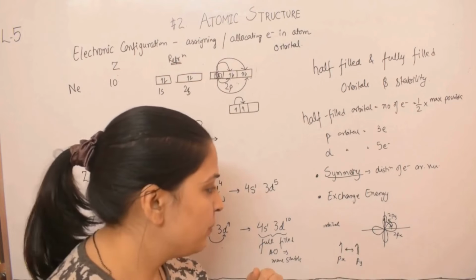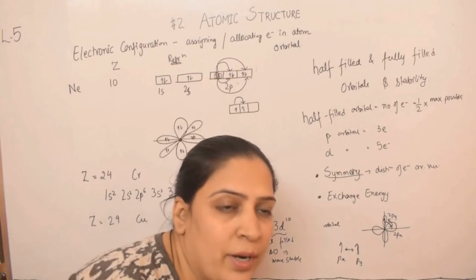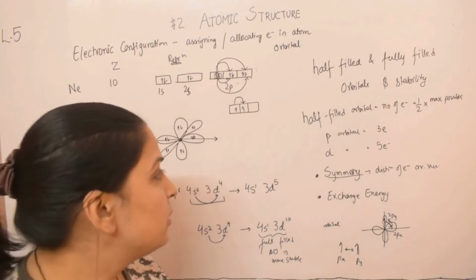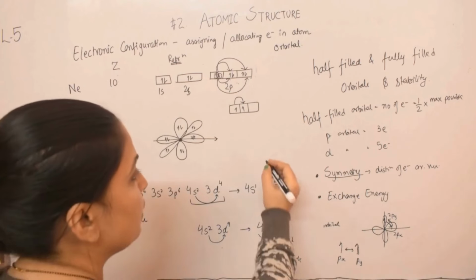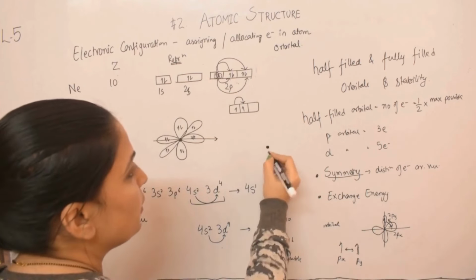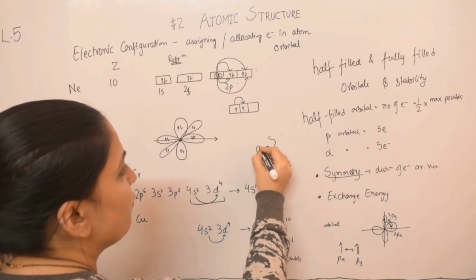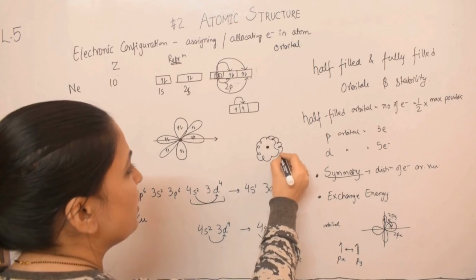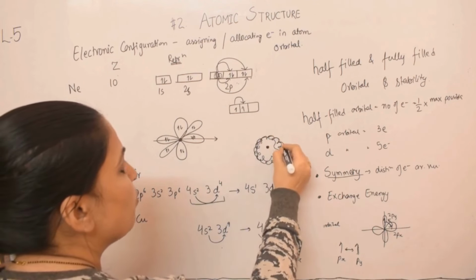So far we have seen that in case of quantum mechanical model, the electron motion has been explained through waves. So basically the nucleus is over here and electrons are moving in a wave pattern. Whatever wave equation has been defined explains the motion of electrons.